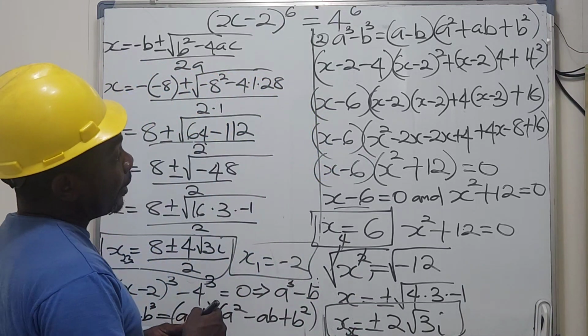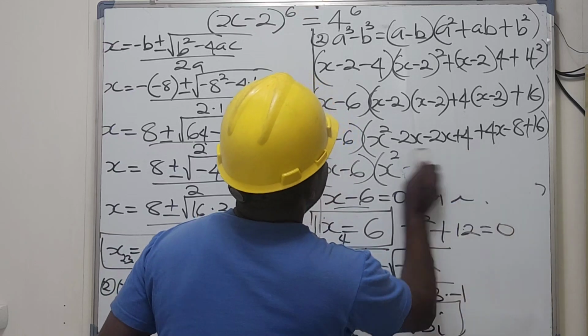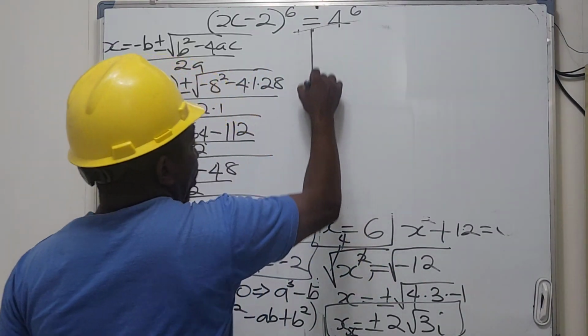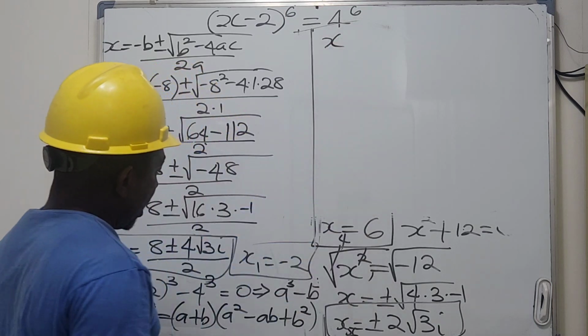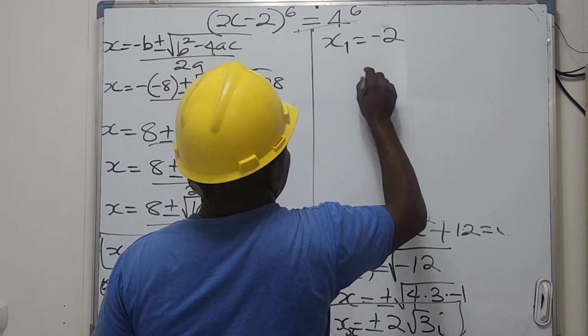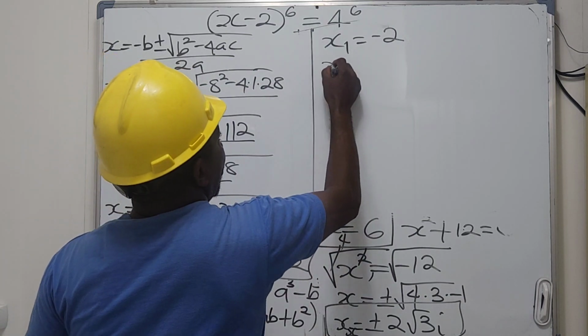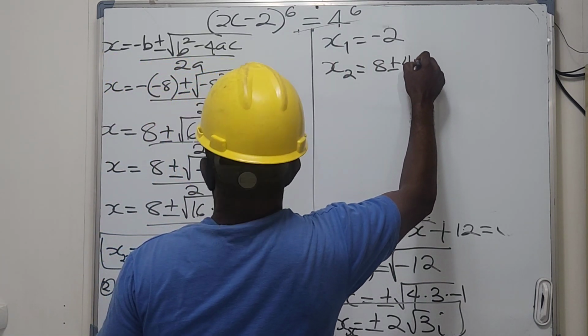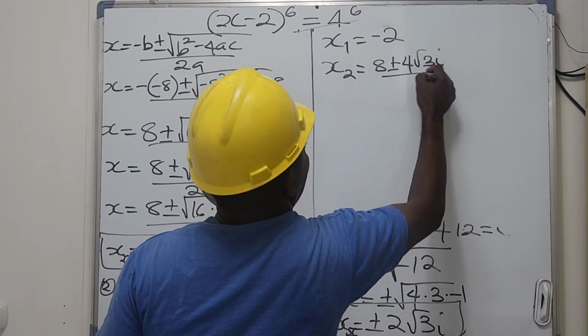So we are going to write down everything out for us to see all the solutions of x from what we've gotten. Where we have our x1 equals to minus 2. Then our x2, where we have 8 plus or minus 4 root 3i all over 2.